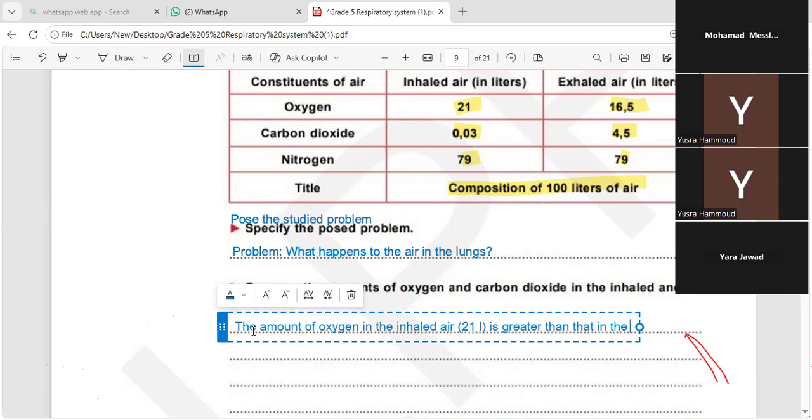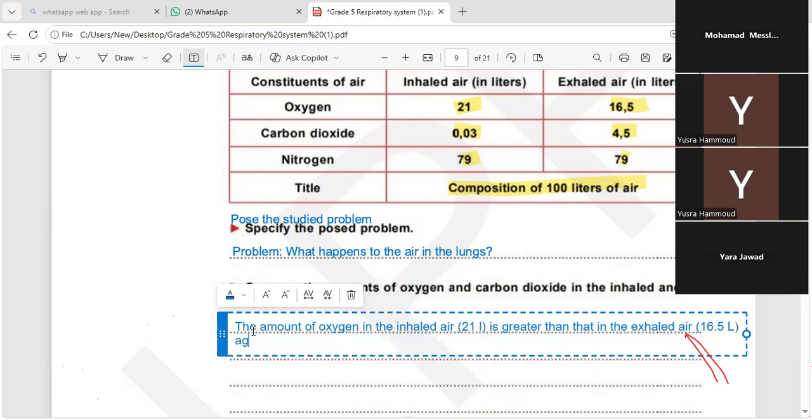Who can repeat it while writing it? Muhammad and Hassan said it. Who can repeat it? Nobody is hearing me, or you don't want to answer?